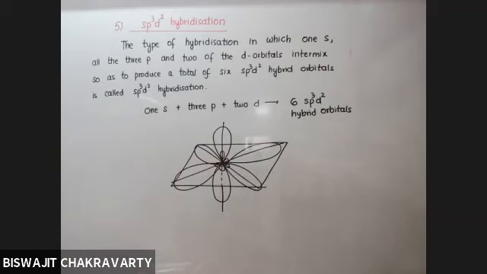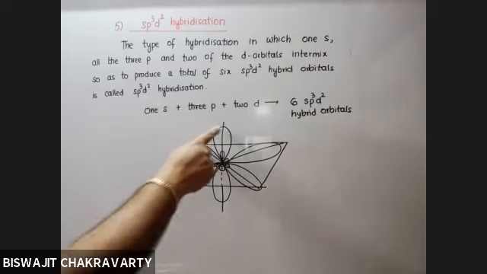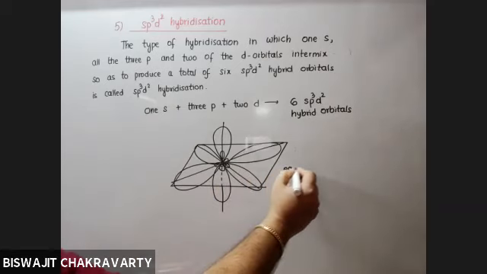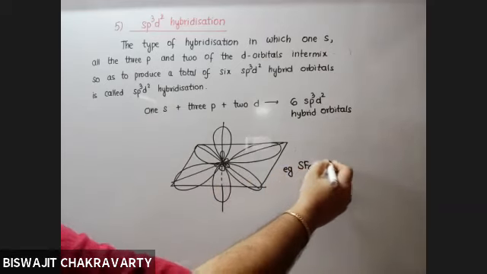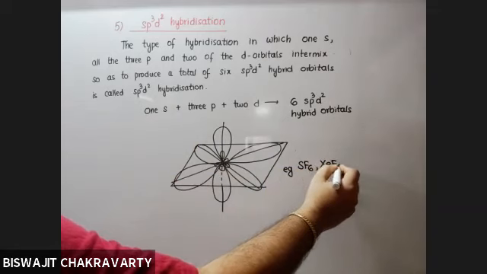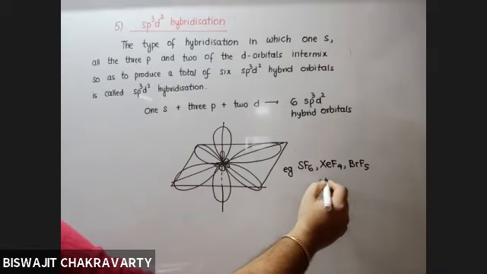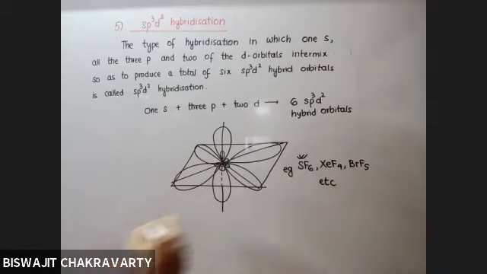And when we get into the particular examples, then only we can put in the electrons. The most common example is sulfur hexafluoride, xenon tetrafluoride, bromine pentafluoride, etc. And we will be discussing SF6 in particular.